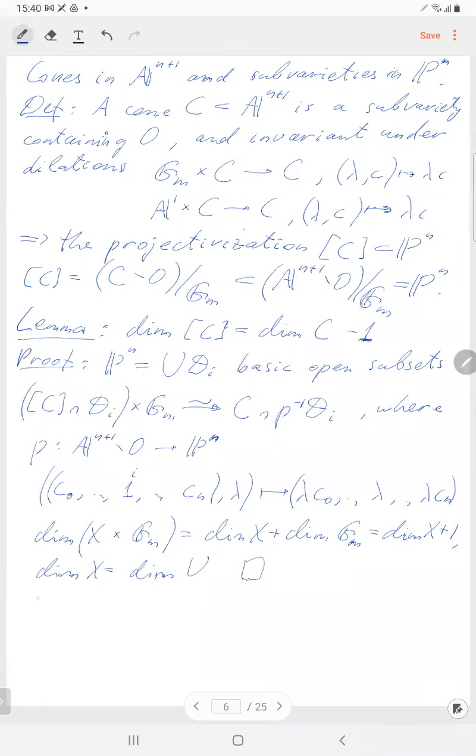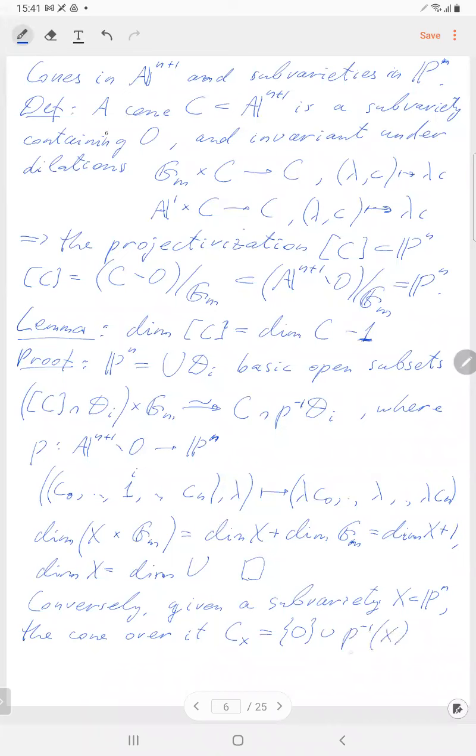and maybe let me say conversely, given a subvariety X in the projective space, the cone over it, say CX, is the origin with the preimage P inverse of X. So this lies in the punctured affine space.